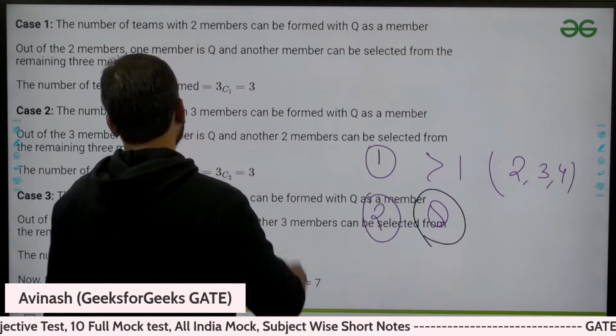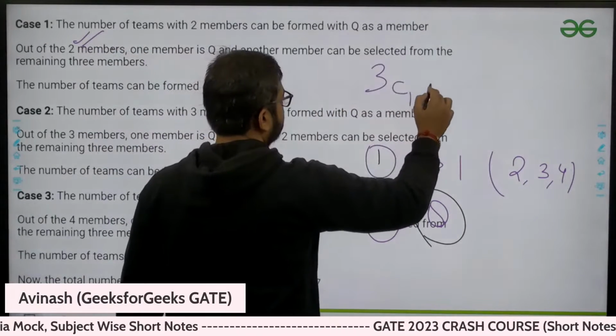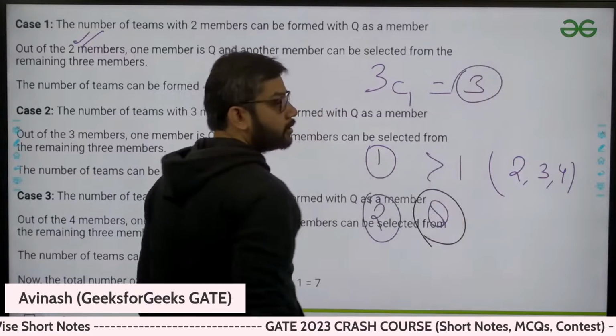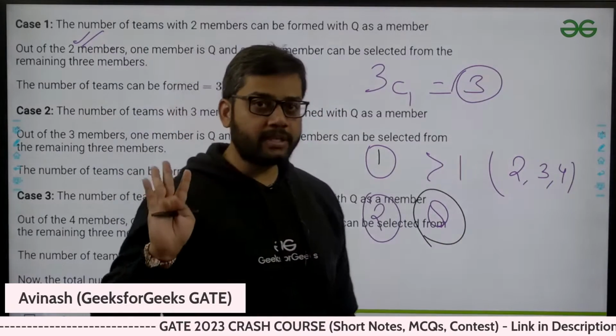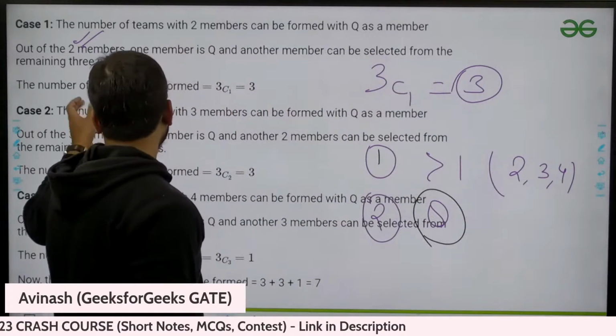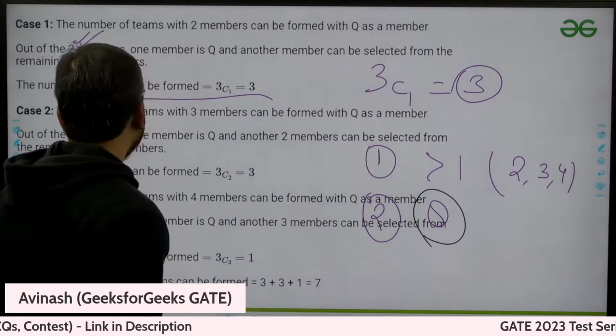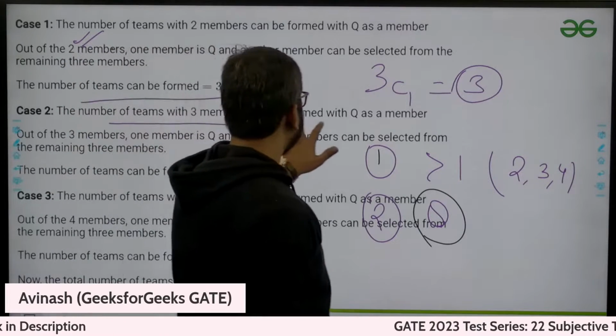So once you are forming the 2-person team, this will be 3C1, because 1 Q is definitely there. Now in that case, out of 2 members, the number of teams that can be formed is 3C1.